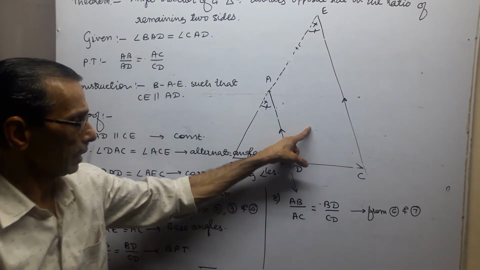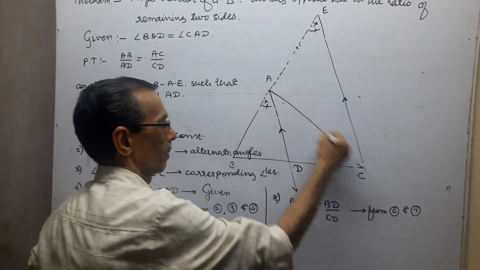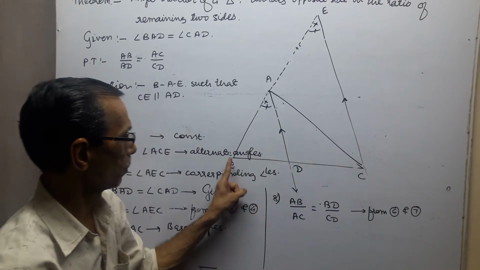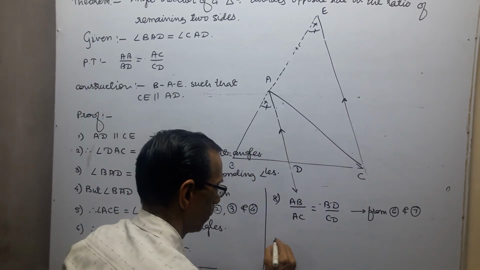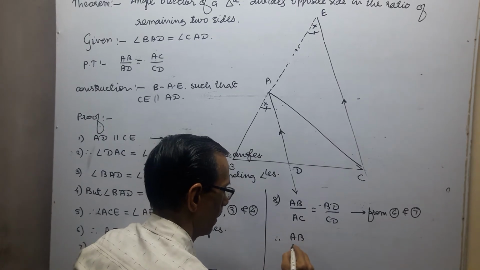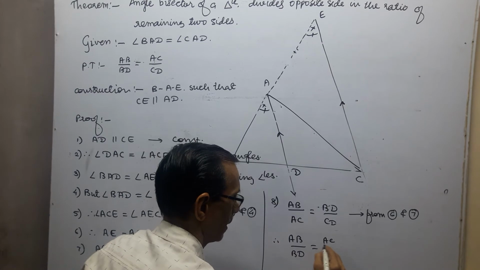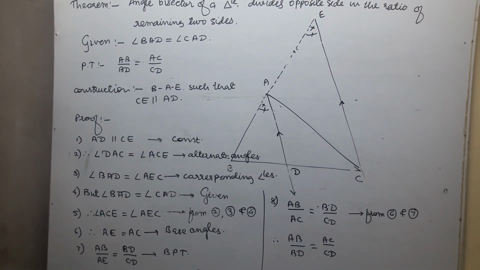So AB upon AC is equal to BD upon CD. And by taking alternendo, we get AB upon BD is equal to AC upon CD.